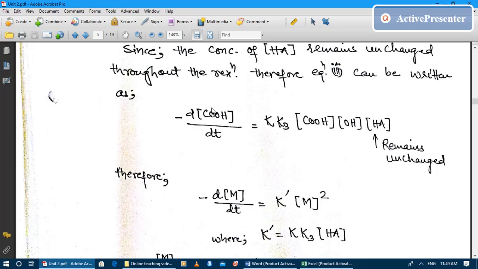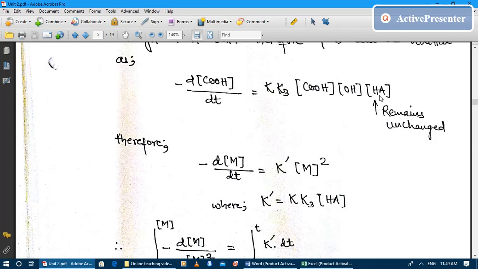So the rate of disappearance of the carboxylic group is equal to K, capital K, the equilibrium rate constant, and K3, the forward rate constant in step 2, multiplied by the concentration of the carboxylic group, the concentration of the hydroxyl group, and the concentration of the externally added catalyst HA, which remains unchanged during the polymerization reaction, because this is the catalyst and it will ultimately not participate in the reaction.